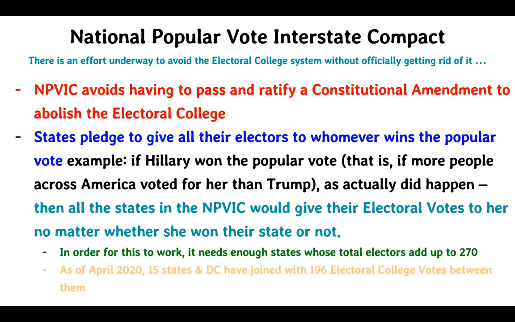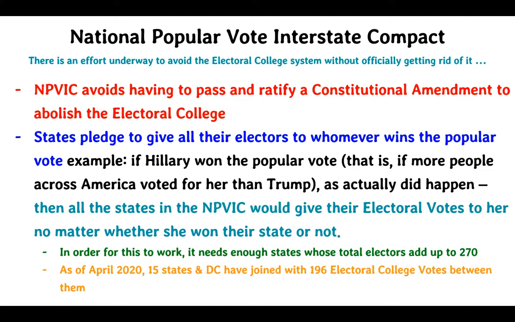Right now, as of today, 15 states and DC, Illinois being one of them, have joined, and they have 196 Electoral College votes between them. So they would need 74 more Electoral College votes in order to put this into play. There are many people who think this would never happen, but actually this has gotten momentum recently.